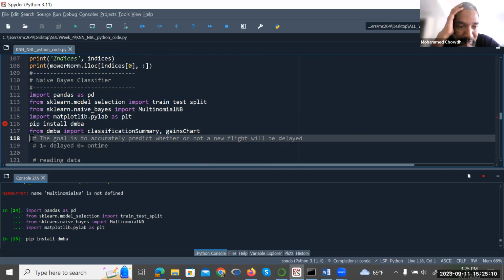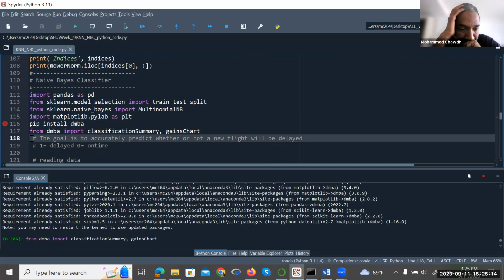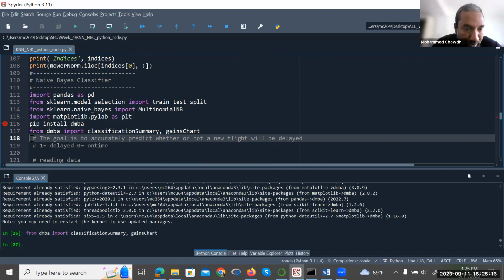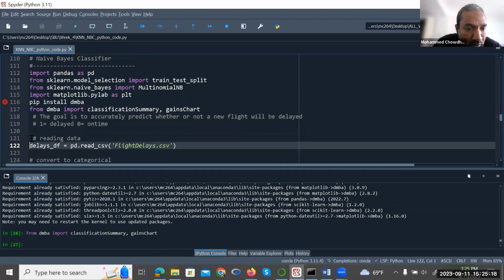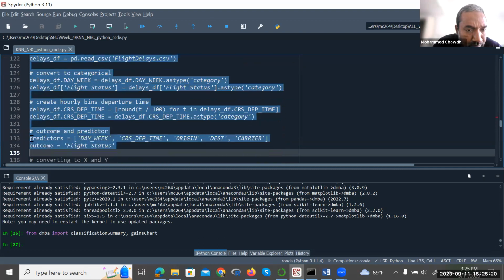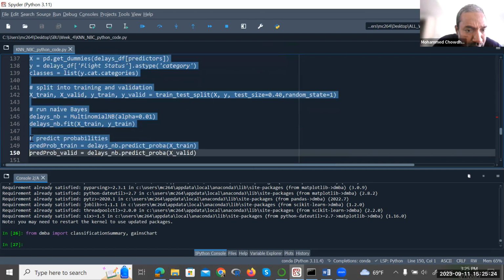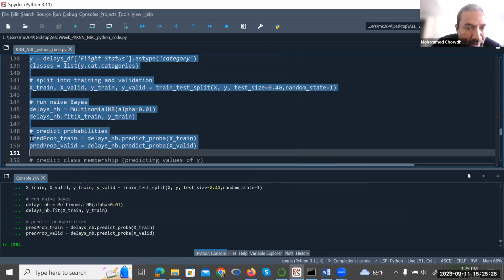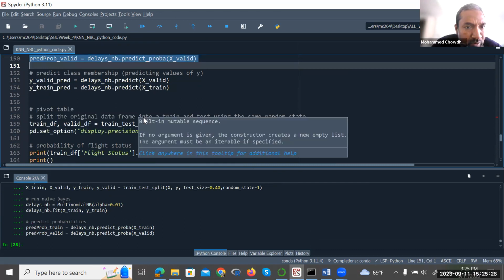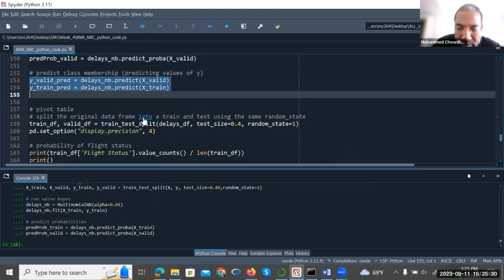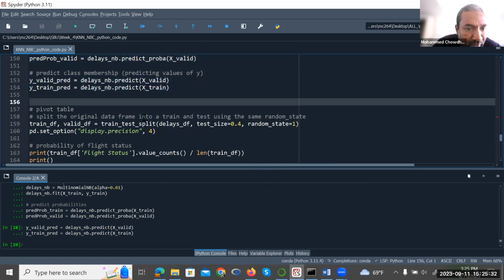Just give me a second so that my pip install dmba gets installed. Okay, it's fine now. Let's see. Hopefully it will run okay. Yeah, it is running okay now. Now I'm doing the predictions in there.